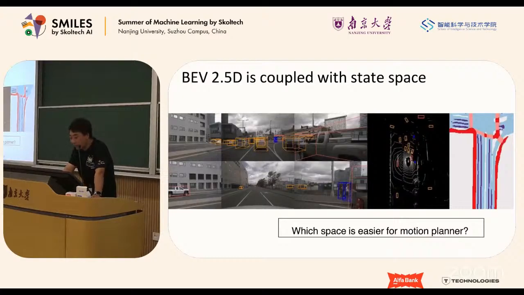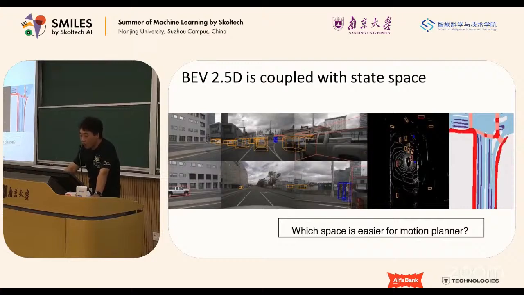Bird's eye view, or BEV, is another two and a half dimensional representation. It projects sensor information onto the ground plane. The BEV representation is widely used in autonomous driving applications, because the ground can be a projection of the three-dimensional world, and the car only moves on the ground.